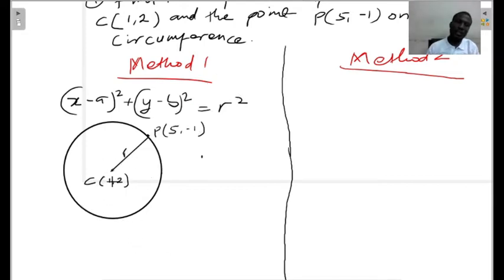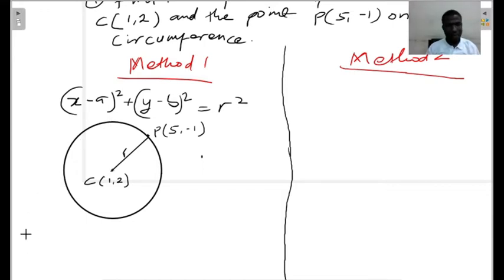And we know that the radius CP is a line, which we will use the distance formula to find, and I'm sure we can all remember the distance formula. Those who don't know it, it's one of my videos I have already. You can just go back and look for the distance formula and you'll see it.